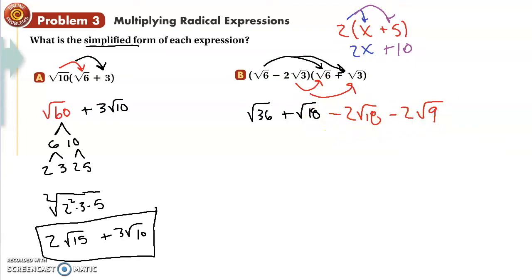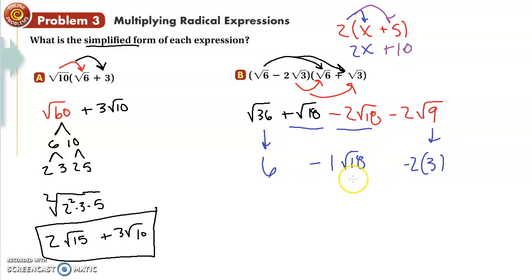There's a couple of things that we can simplify even further. The square root of 36 is just the same thing as 6. And the square root of 9 is just the same thing as 3. We still have a negative 2 right there. We have 1 square root 18 minus 2 square root 18, which is negative 1 square root 18.